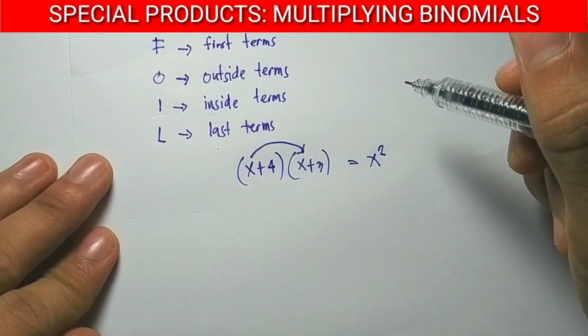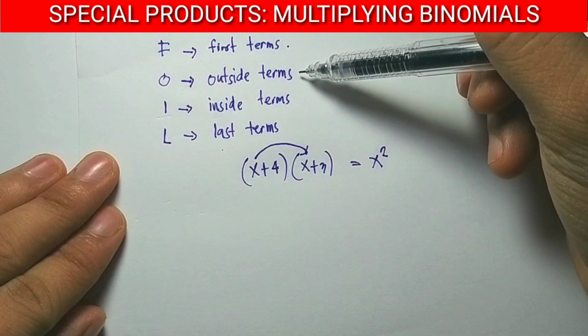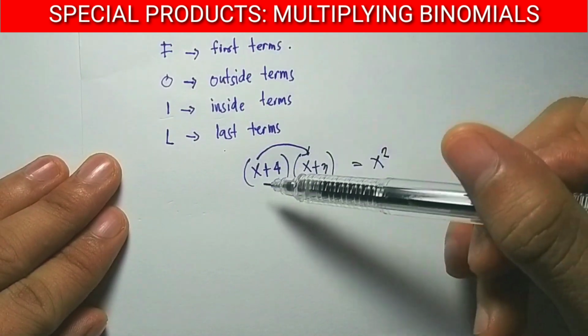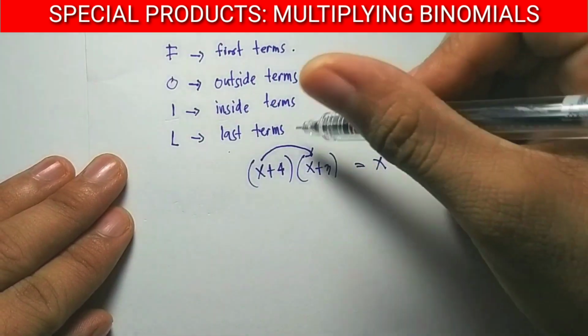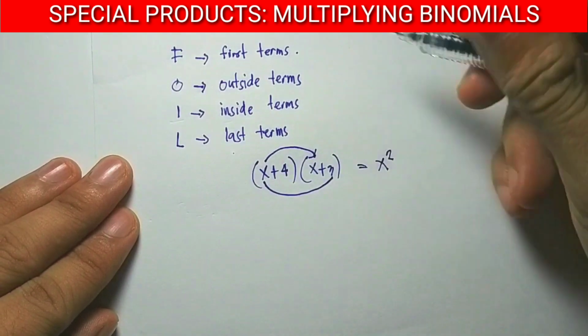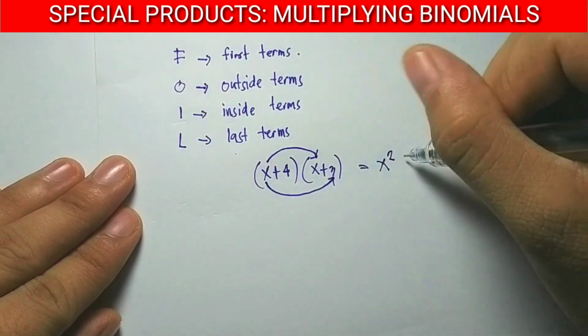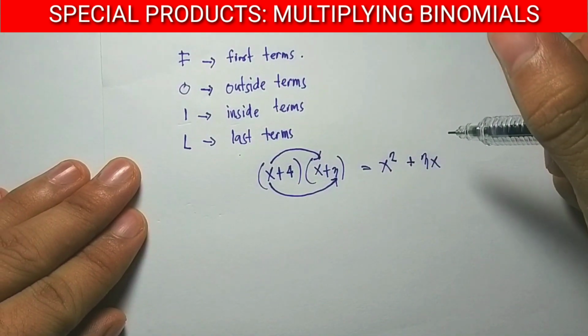Next, humana ta sa first terms. Humana ta dinhi. So diri na ta sa outside terms. Ang outside terms nato kay kini na sa gawas nga part, kini x ug ang 3. So we multiply that one, x times 3, that is positive 3x.